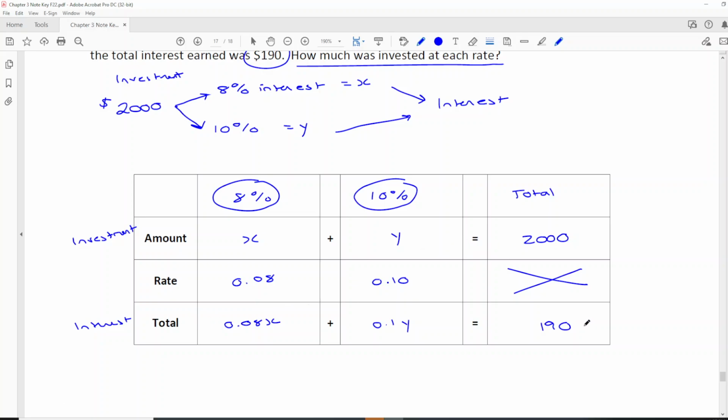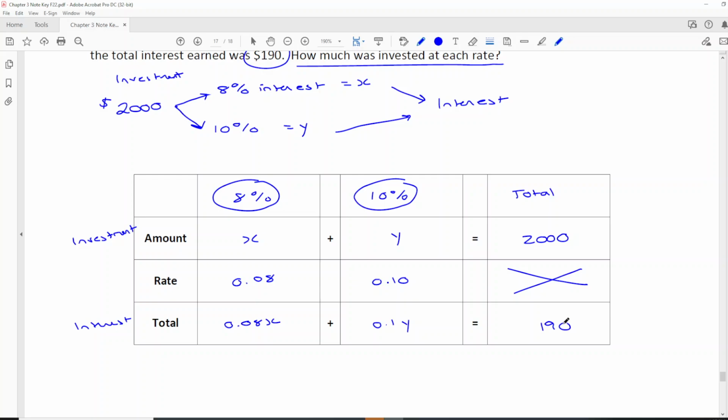And then this last line is how much interest those investments are going to earn. So 8% of X, 10% of Y is going to give me $190. So the biggest difference here is that in this second type of mixture problem, you're not going to put anything in for the rate, and they're just going to give you the total of your interest.